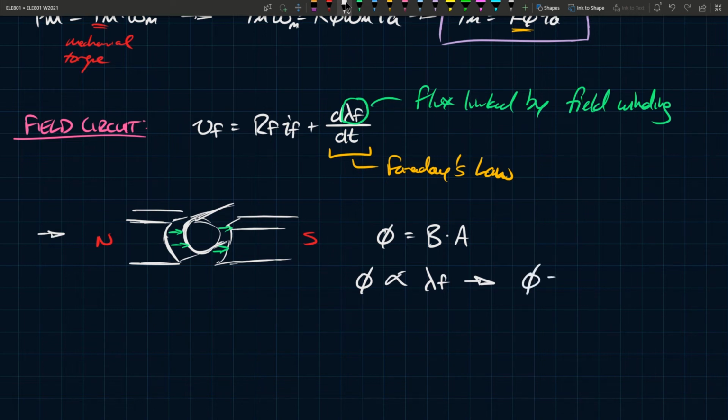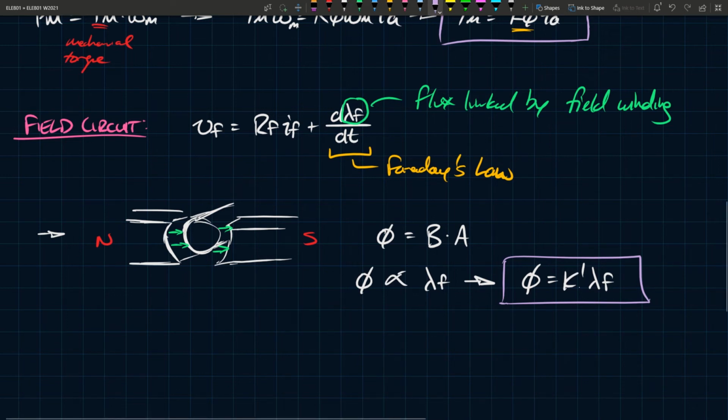So phi is equal to K prime lambda F. This is a review, so I'm not spending a great amount of detail explaining how these things work. We'll discuss, wherever it's relevant, how these things come about.